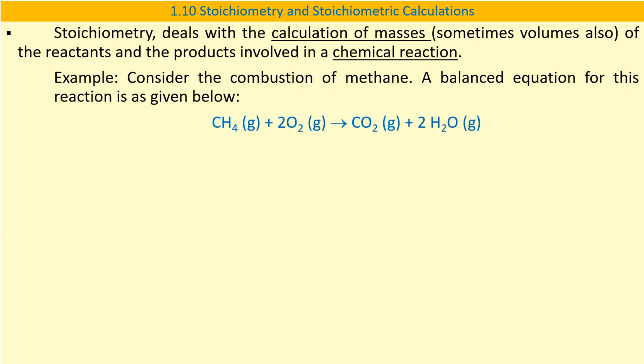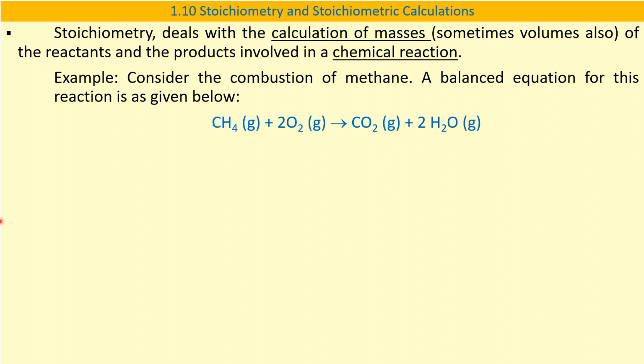CH4, that is methane, plus 2O2, oxygen, gives product CO2 plus 2H2O. Here methane and dioxygen are called reactants. That is, the left hand side is reactants and the right hand side is products, that is carbon dioxide plus water, 2H2O.